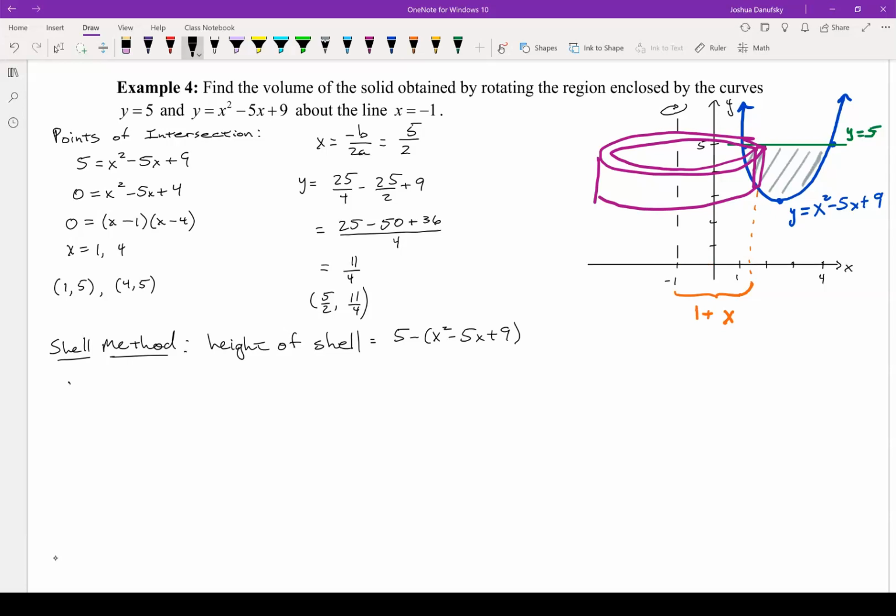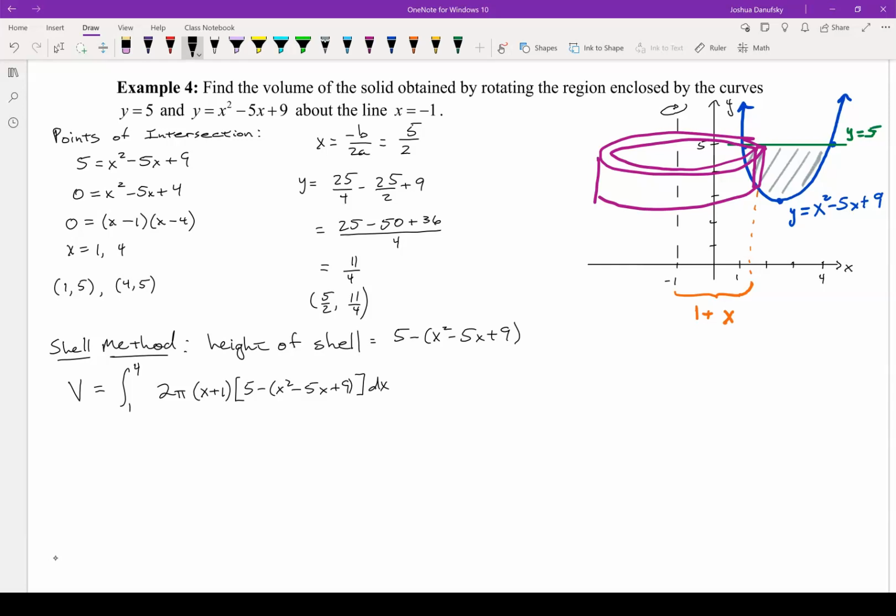So when we go to find the volume using the shell method, we're going to integrate circumference first of all. So that's 2 pi times the radius, which in this case is 1 plus x, or x plus 1, times the height of the shell, which is 5 minus the quantity x squared minus 5x plus 9, times the width of the shell, which in this case is a dx. And our x's are ranging from 1 to 4.